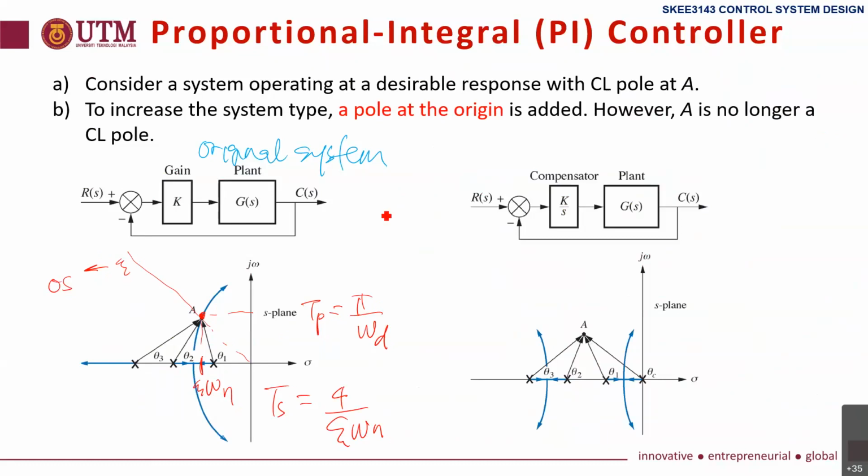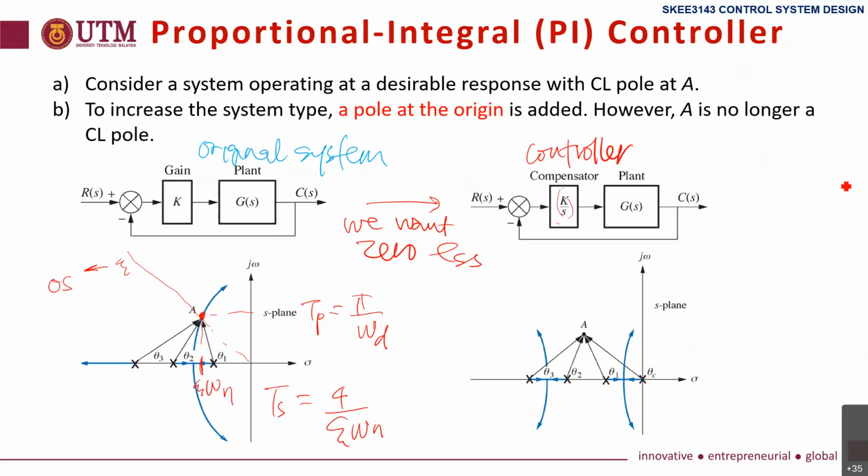As we want 0 steady state error, then we add a compensator or a controller. Okay, see, they put K over s. K is to be determined later, any value, but the important one is the s.